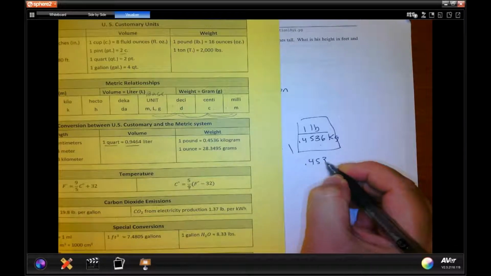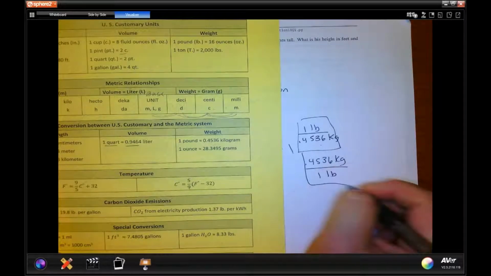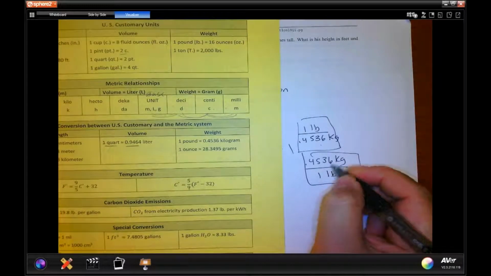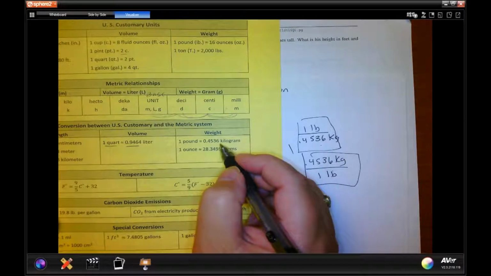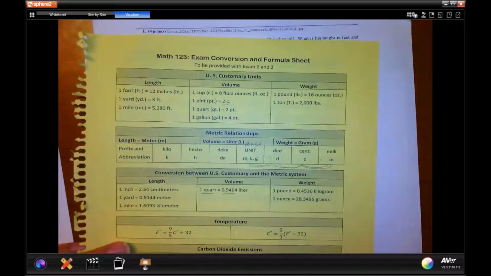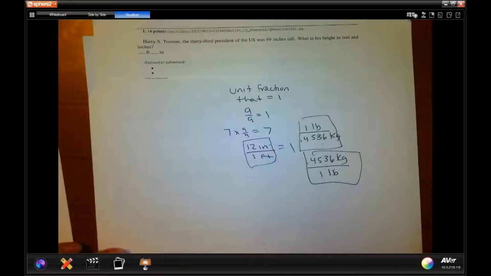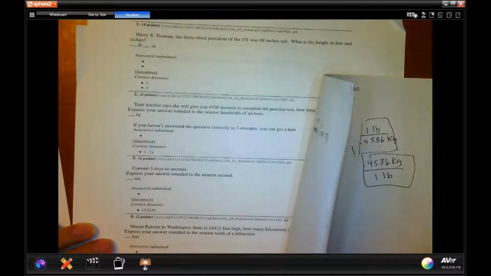Or we can write it the other way. This is just like writing 1 because they're equal to each other. And that can be said for any of these equivalencies. They all equal 1 because they're equal to each other. So we use that to do our conversions.